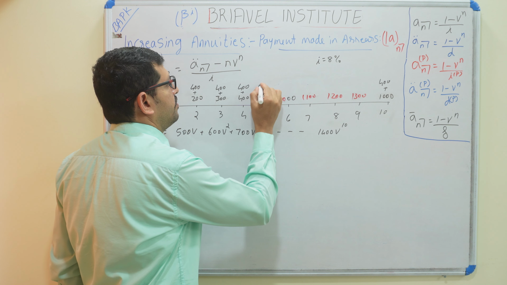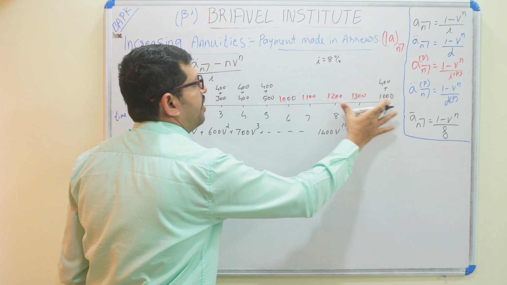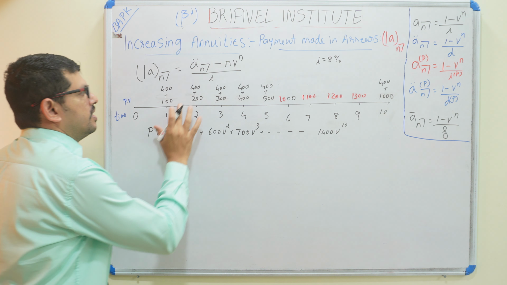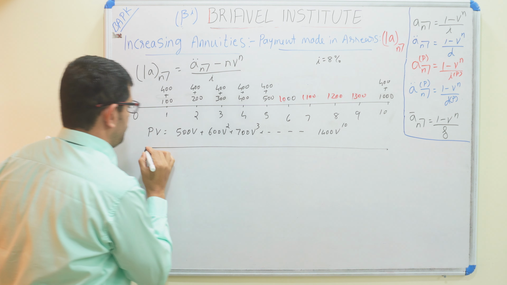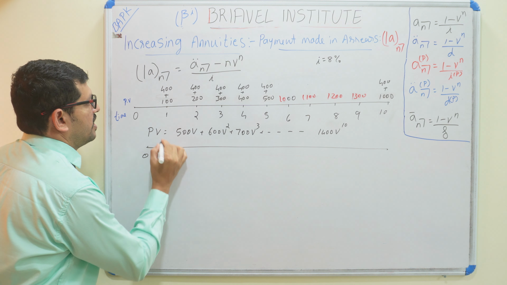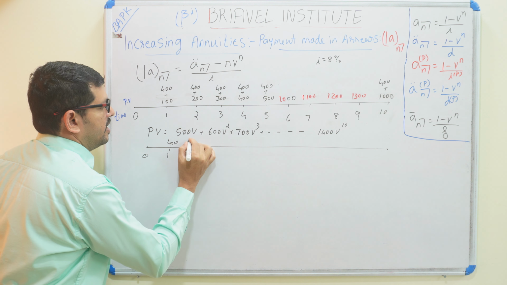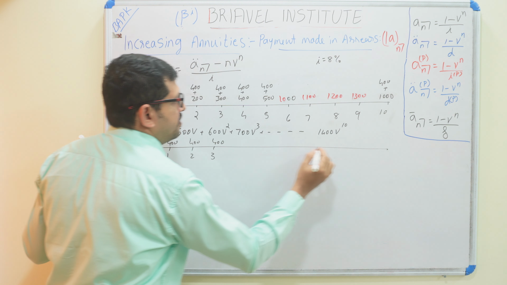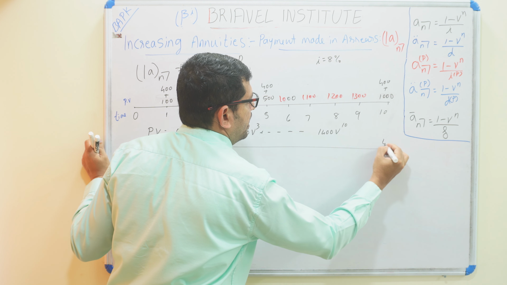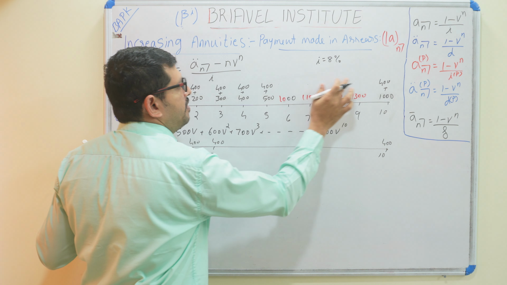I am splitting it like that. At time 0, first year it is 400, second year 400, third year 400, up to the 10th year 400. Now you see 400 is a constant payment up to 10 years.